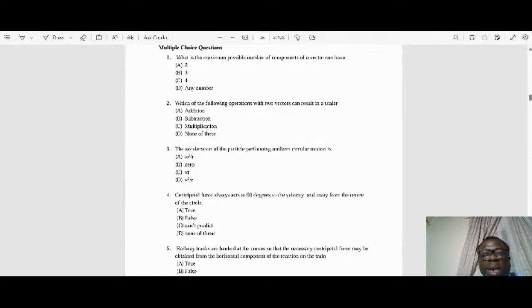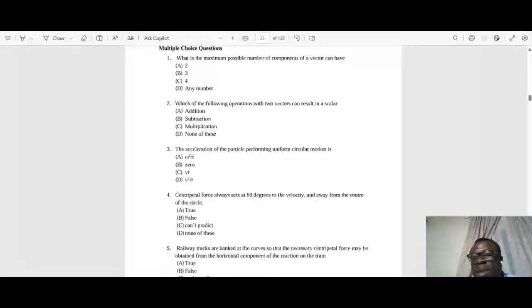So the correct answer is multiplication. When you multiply two vectors, they will give you a scalar. So the answer is C.